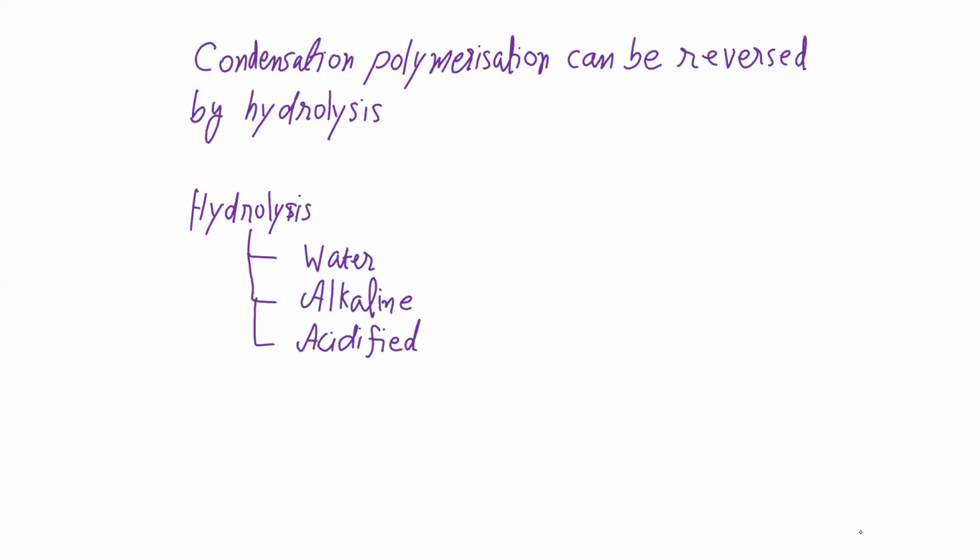You have to memorize this point. Condensation polymerization causes water to leave, and hydrolysis causes water to come back inside. It means it is a reversal. So hydrolysis reverses condensation polymerization.